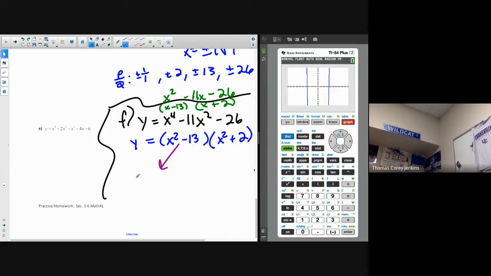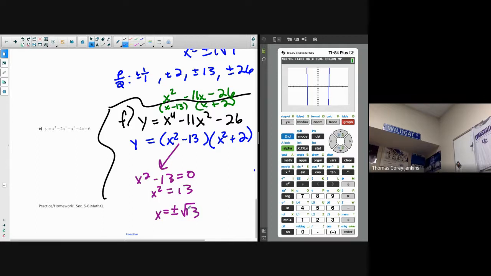So if we set that equal to 0, because we don't have that bx term, we would get x squared equals 13. And so x equals plus or minus the square root of 13. Now you could punch in what is the square root of 13, but just think about it, right?